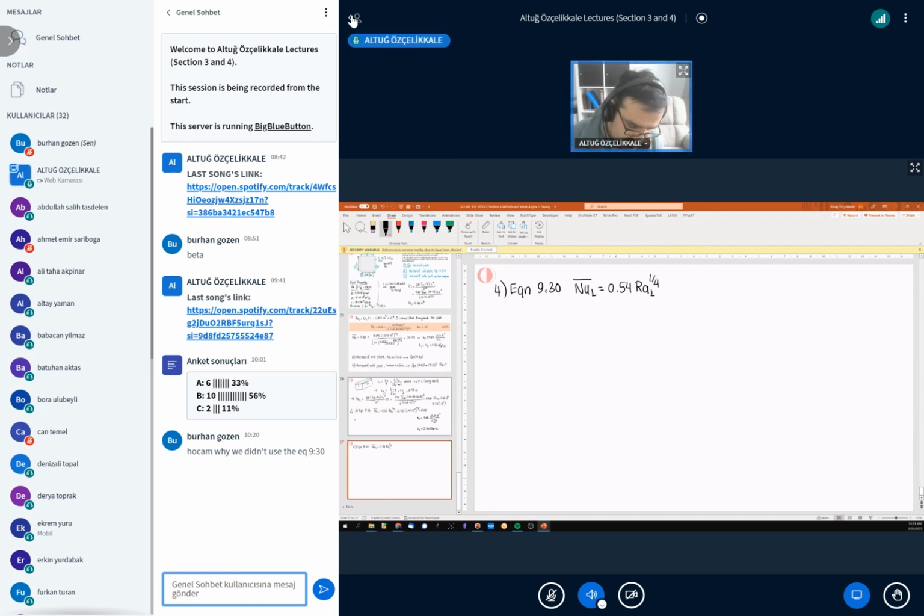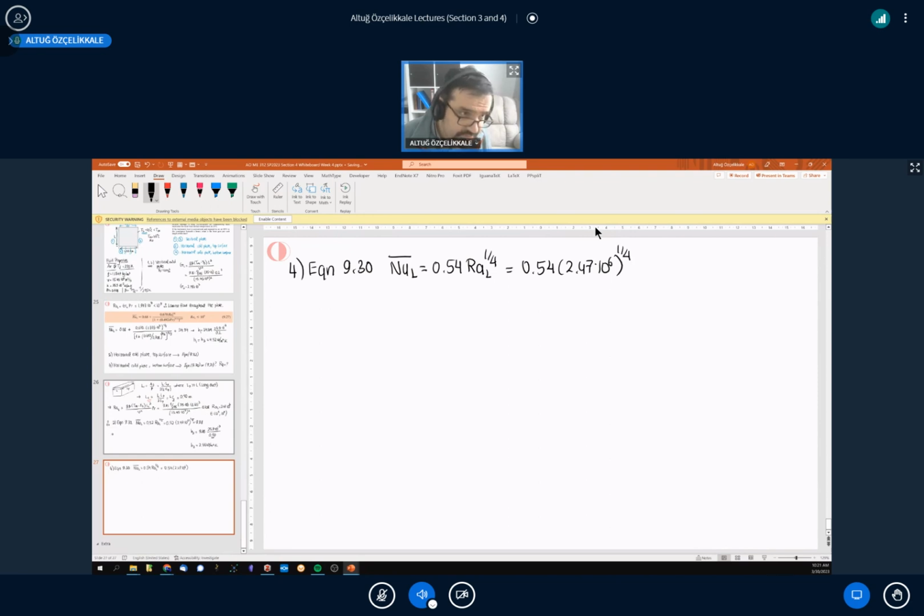And that's going to be 2.47 times 10 to the power 6 raised to the power 1/4. That's going to be 21.41. And from here, you can calculate H4 as 5.55. You can connect the Nusselt number to that watt per meter Kelvin.